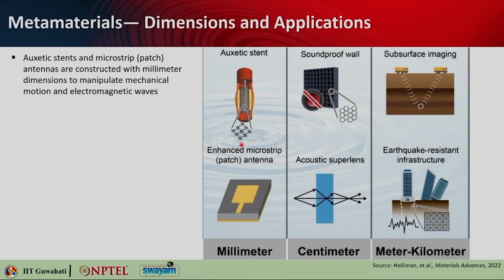Something like, in millimeter scale you have auxetic stents and microstrip patch antennas. They are constructed with millimeter dimension to manipulate mechanical motion and electromagnetic waves. Now what is an auxetic stent? These are basically structures made of materials that have a negative Poisson ratio. So when they are stretched, they become thicker perpendicular to the applied force.